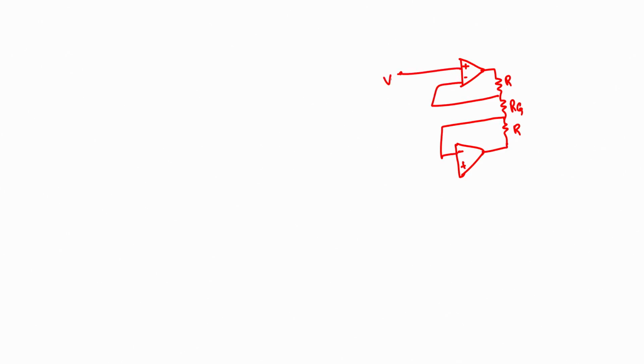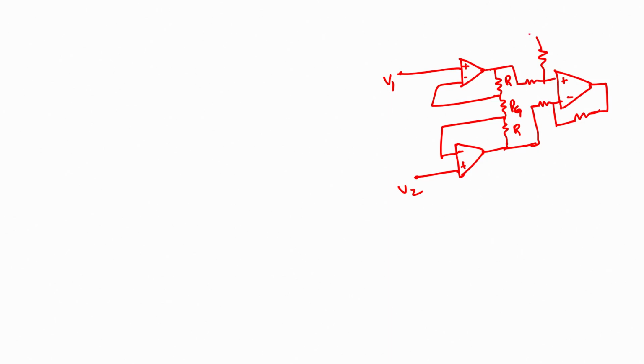If I say this is V1, this is V2, right, I should also have a differential amplifier here. Oh sorry, this is Rg, and the output should be connected, one here, one more here and one more here.